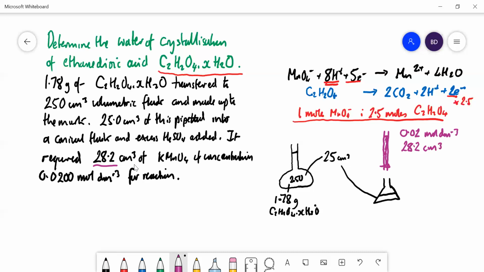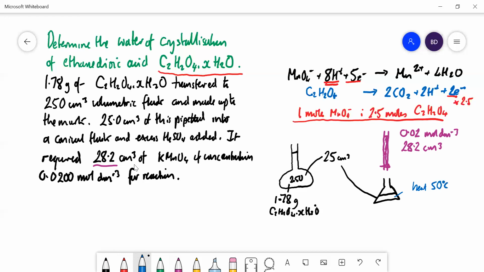Incidentally, if you've done this titration in the lab, it's quite a tricky titration because the reaction between manganate and the ethanedioate is quite slow. So you have to actually heat this up to about 50 degrees C in a Bunsen flame before you start doing the titration.